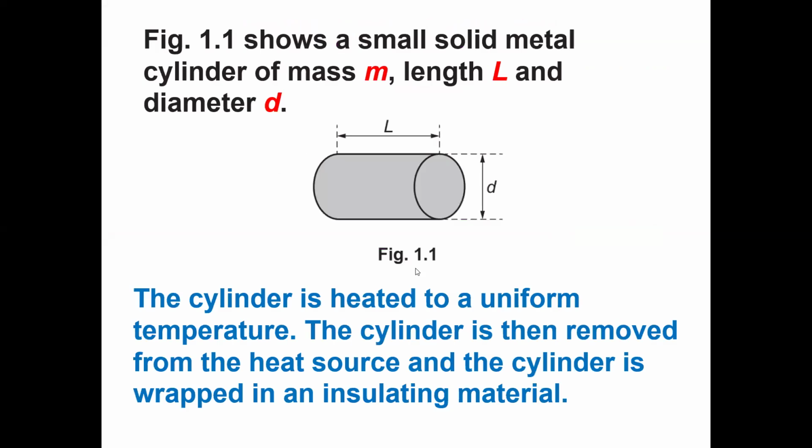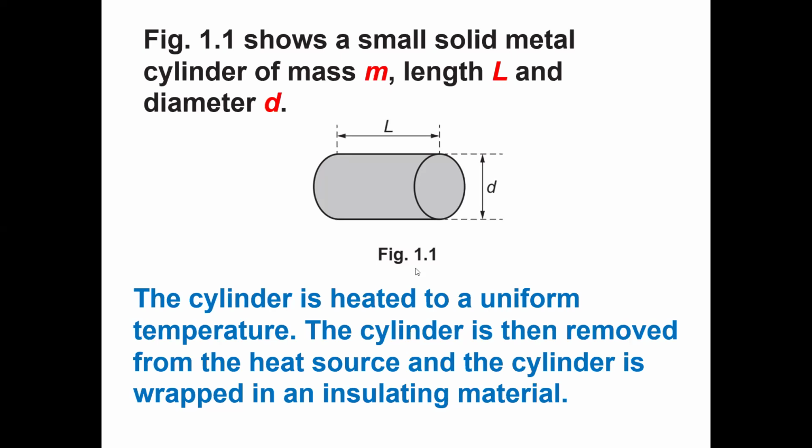June 24, 51. Figure 1.1 shows a small solid metal cylinder of mass M, length L, and diameter D. The cylinder is heated to a uniform temperature. The cylinder is then removed from the heat source and wrapped in an insulation material.